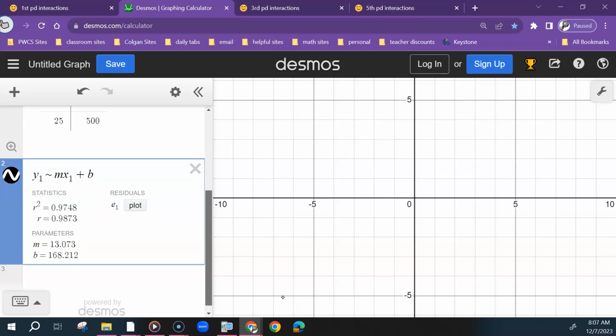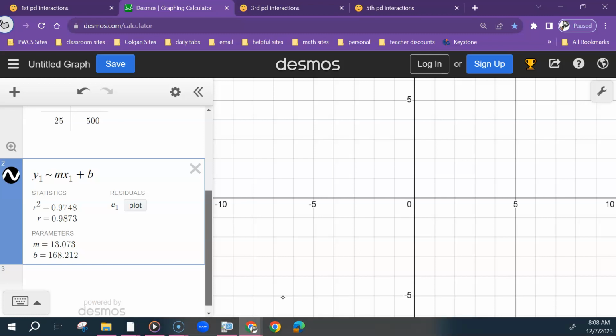So type in y and then 1, the tilde, m, x, and then 1, and then plus b. The squiggly line is in your keyboard. So you should see numbers that look like this. The residuals E1 plot, don't worry about that part, we don't need that.